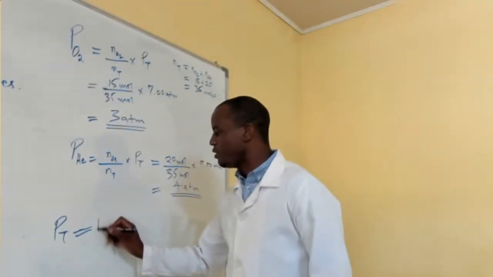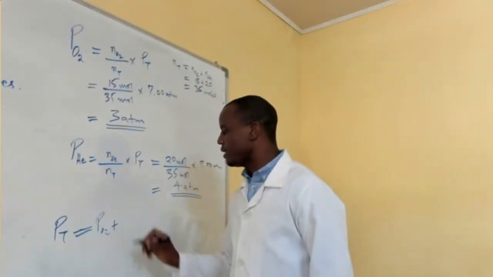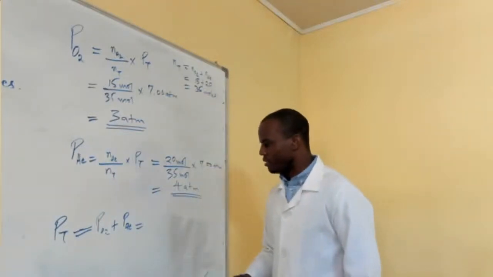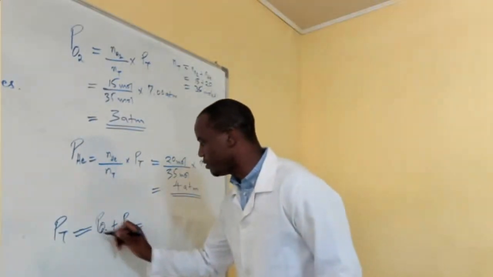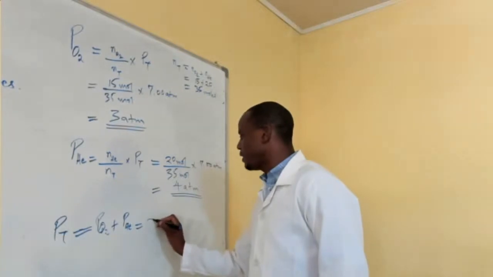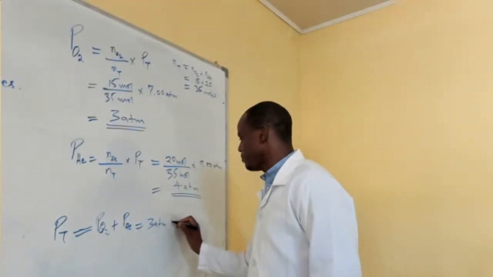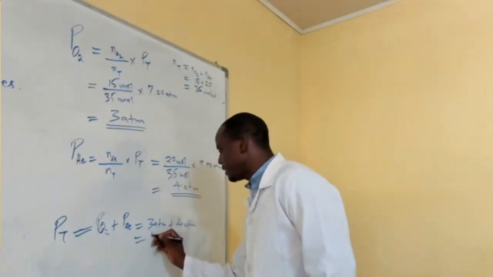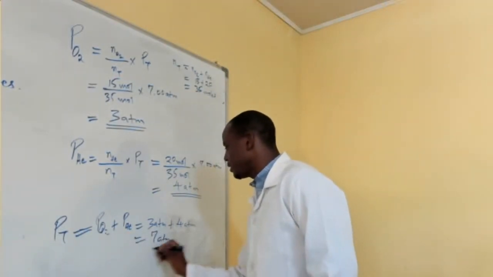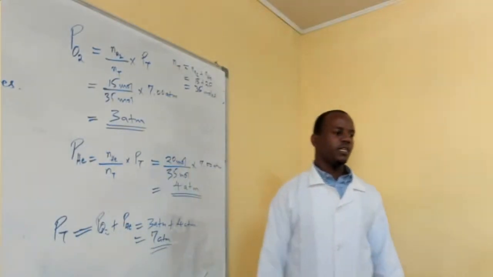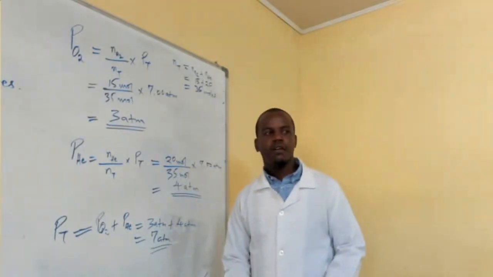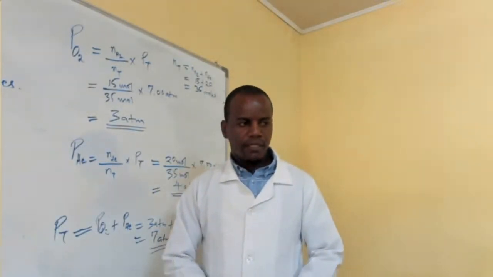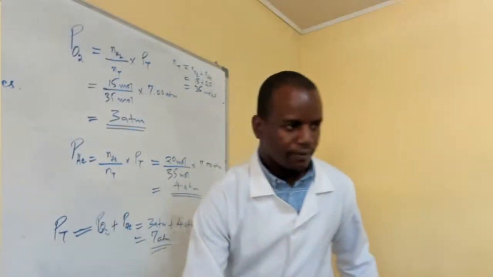The partial pressure of oxygen plus the partial pressure of helium should give us 7 atmospheres. So here we have 3 atmospheres plus 4 atmospheres. The total we are getting is 7 atmospheres, which was the given total pressure. So that is how you calculate the partial pressure of a gas.